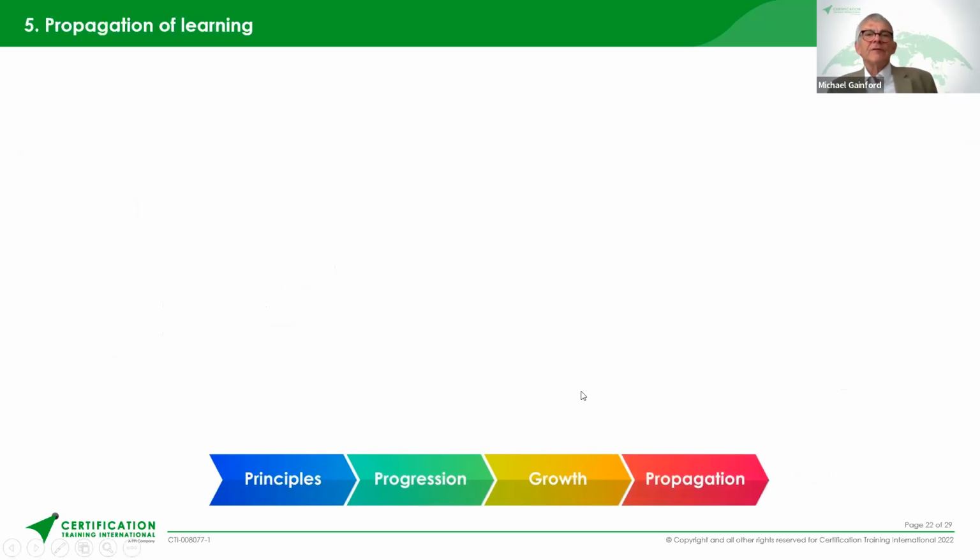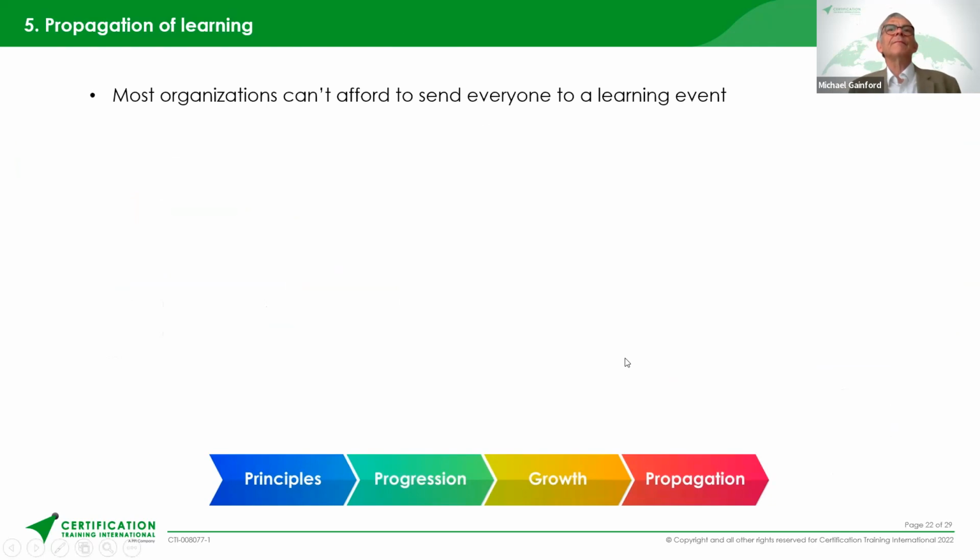So the last of our main themes today is propagation. So how can we share this knowledge with other people who maybe couldn't participate in that event? And of course, most organizations can't afford to send everyone to a learning event. And if they do, then it might be called a sheep dipping exercise.